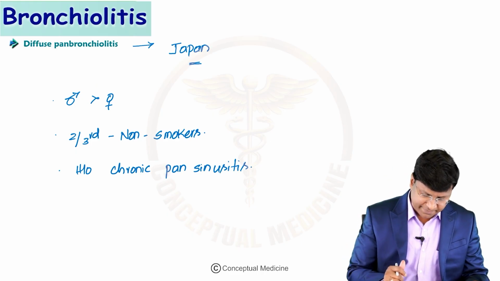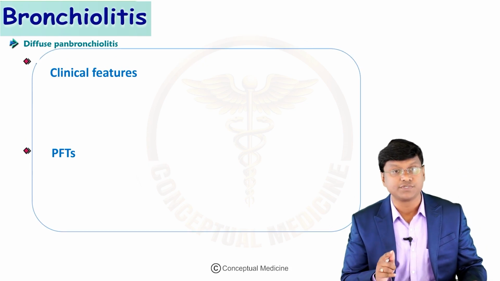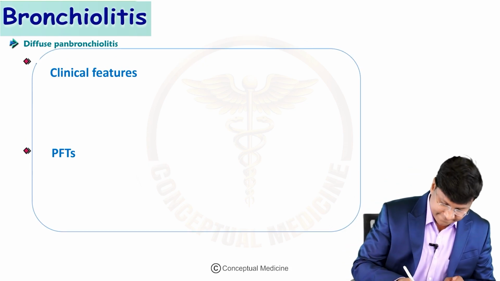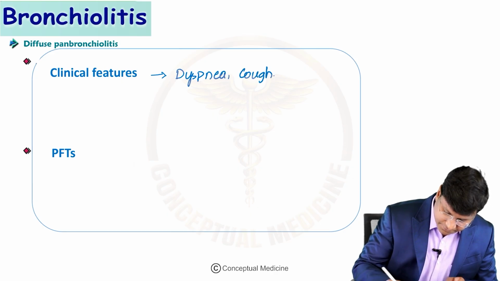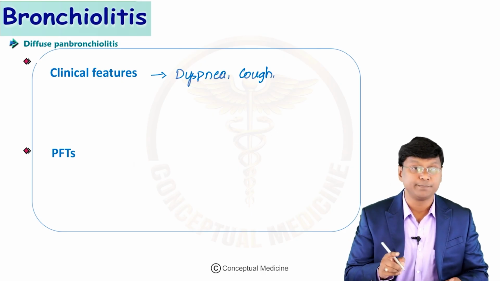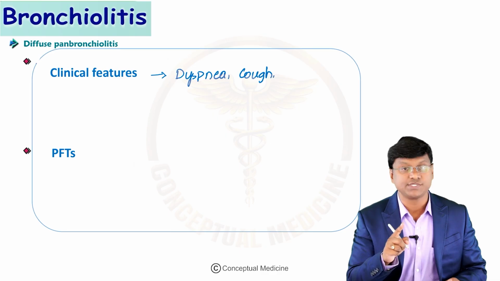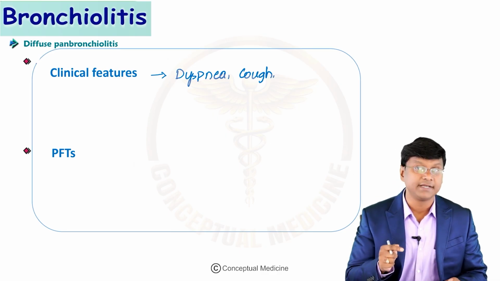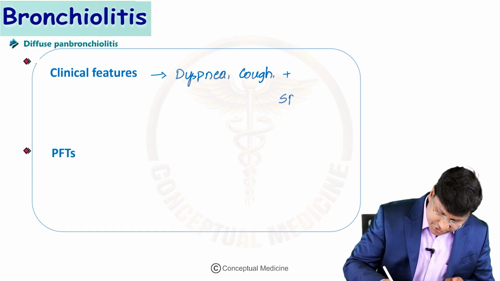What will be the clinical picture in patients with diffuse panbronchiolitis? They present with the same respiratory manifestations: dyspnea, cough, and sputum production. It is not a dry cough here, unlike cryptogenic organizing pneumonitis where it was dry cough. Here the cough is associated with sputum production.